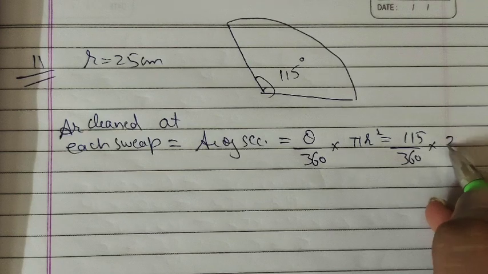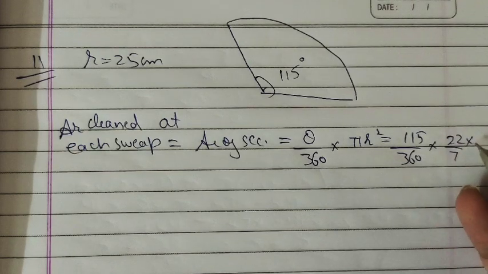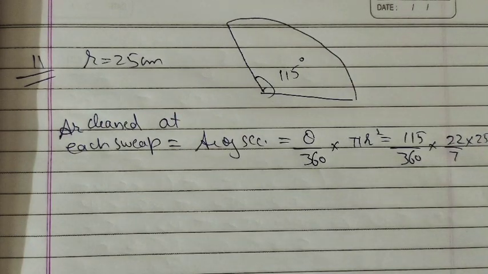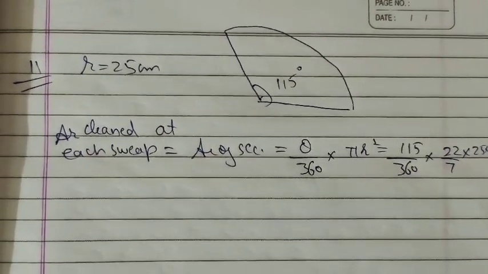No. So 22 by 7 r square. Now the r value is 25 multiplied by 25. Just simplify this.